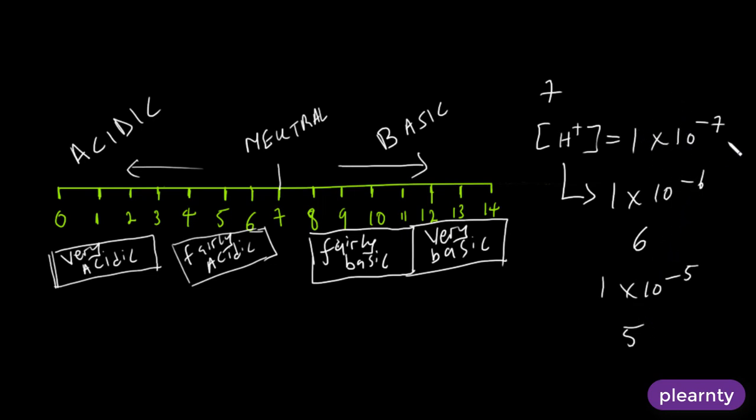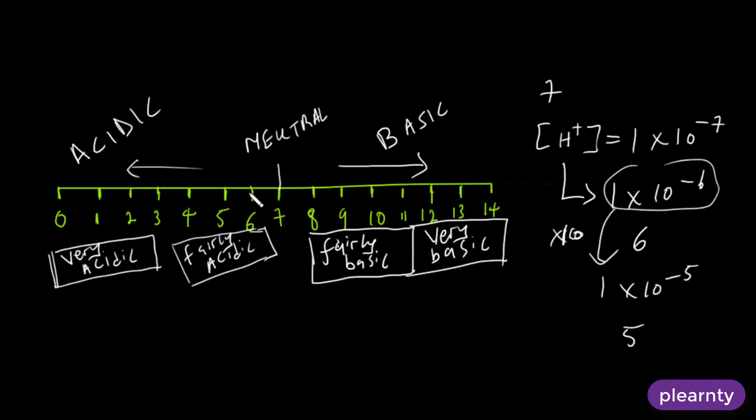If you multiply this number by 10, what you have is this. And if you multiply this also by 10, you have this. So for every one jump on this scale, the concentration of the hydrogen ion is going to multiply by 10.